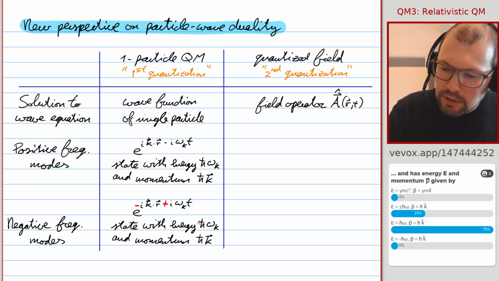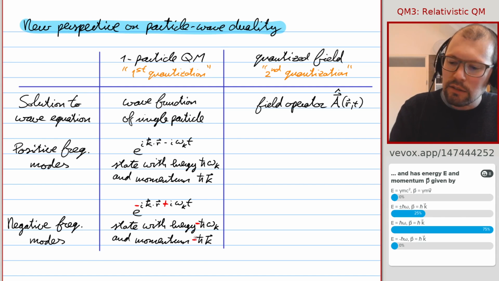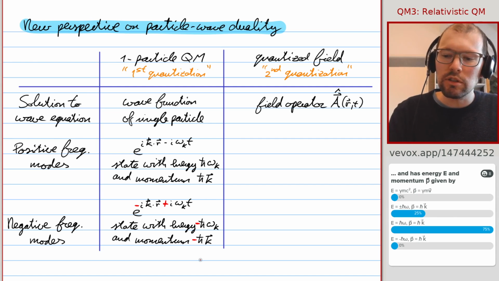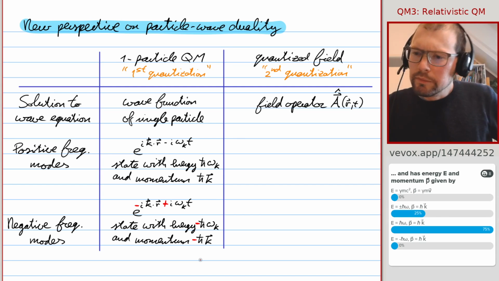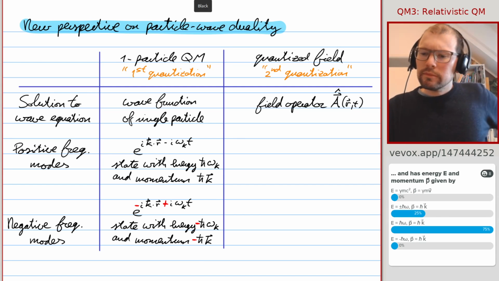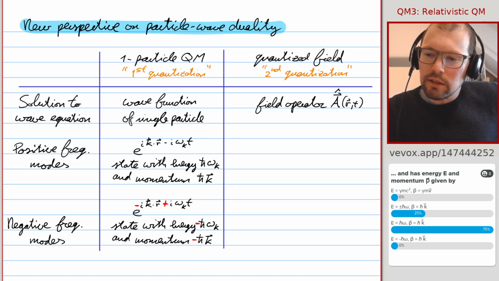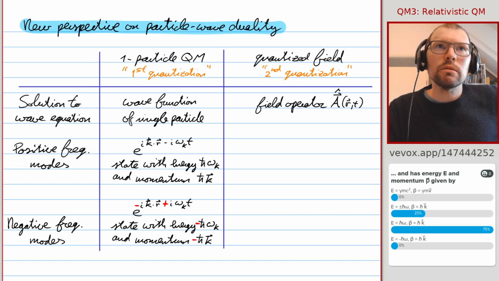And the only thing we could do was really interpret this as a negative frequency solution, with negative momentum, well, opposite momentum with respect to the positive frequency modes. And this was really the only thing we could do to get a proper particle-wave duality. This is the wave, this is the particle.